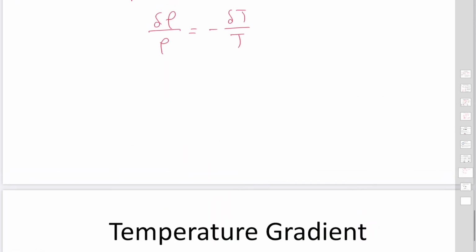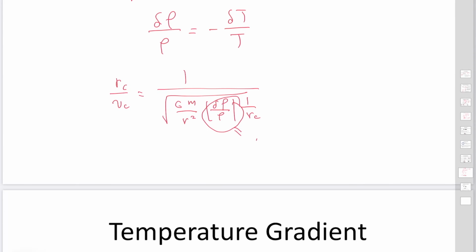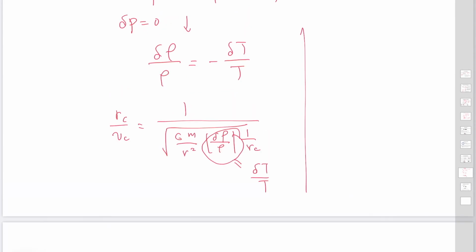If you write it, r sub c over v sub c is expressed as 1 over the square root of Gm over R squared times delta rho over rho, times 1 over r_c. Then this part exactly equals delta T over T.